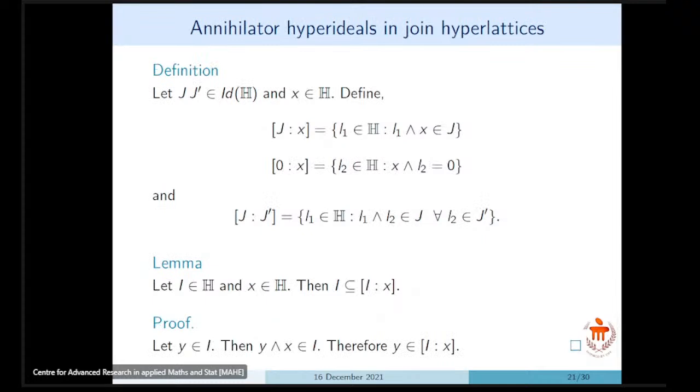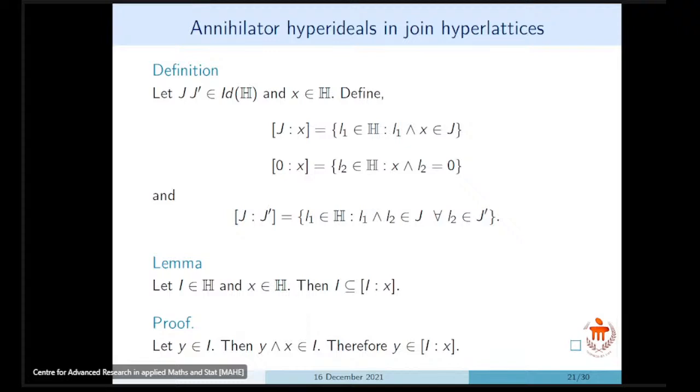Next part, we define the annihilator of an ideal relative to an element X, and relative to an ideal I. The annihilator of an ideal J with respect to X is defined as the set of L1 in H such that L1 with X is inside J. Similarly, if J is the zero ideal, this gives the annihilator of zero with respect to X. Next, the annihilator of J with respect to the ideal J dash is defined as the set of all L1 belonging to H such that L1 with L2 is in J for every element L2 of J dash.